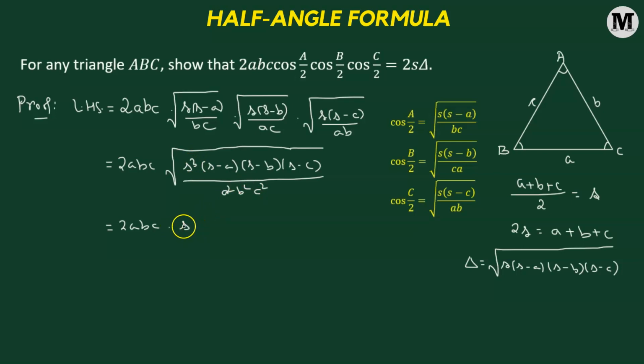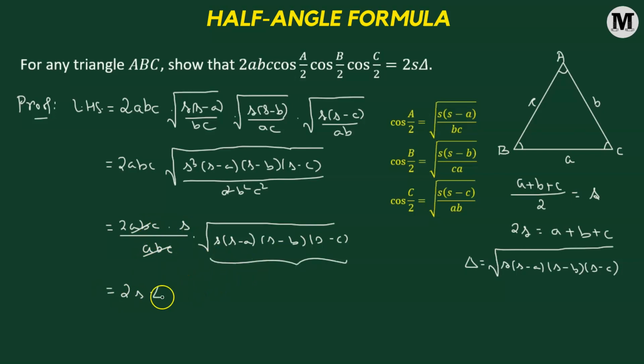That leaves us with only s, divided by the square root of a squared b squared c squared, that will be abc. This gets multiplied by the square root of s times s minus a, s minus b times s minus c. So here we can factor out abc from the numerator and the denominator, and then we have 2 times s. This entire expression can be replaced with delta, which is going to be the area of the triangle ABC, and this is going to give us the right hand side. Hence proved.